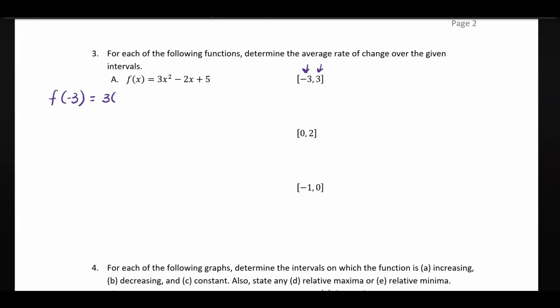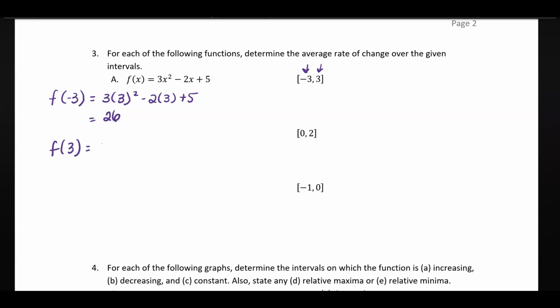So I get 3 times 3 squared minus 2 times 3 plus 5. So take a moment to plug that into your calculator, as I'm doing right now. So I got 26, and now we're going to do this again with f of 3.